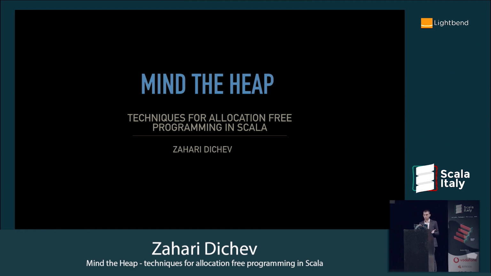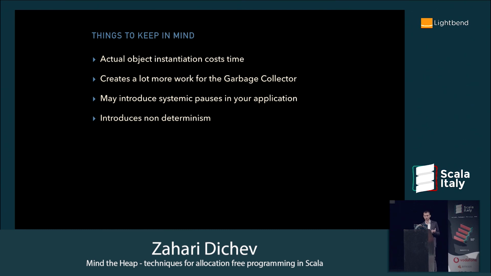So when we talk about object instantiation and using the heap in Scala and the JVM in general, there are a few things that are important to keep in mind. First of all, actual object instantiation costs time itself. It creates a lot more work for the garbage collector, which can actually introduce systemic pauses in your application.